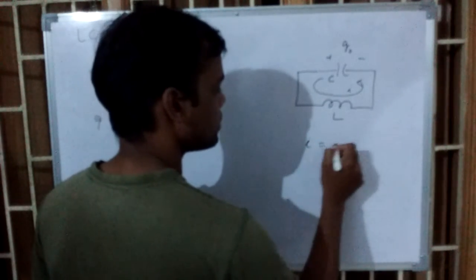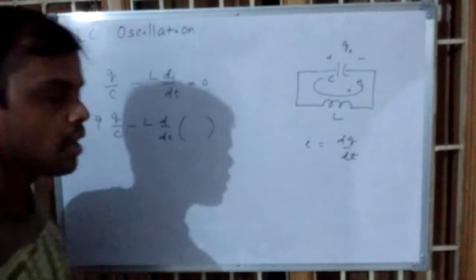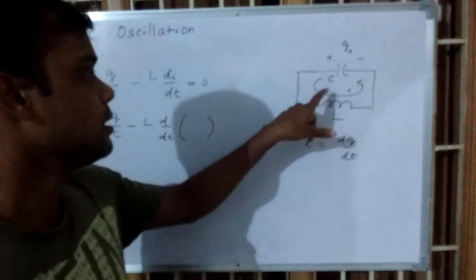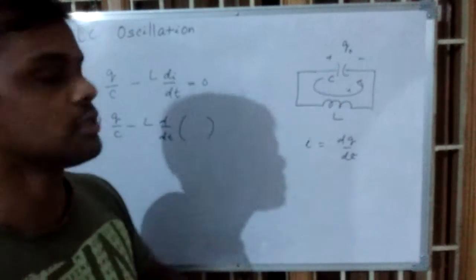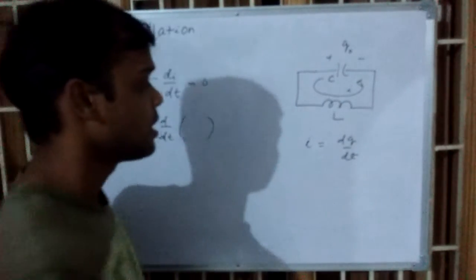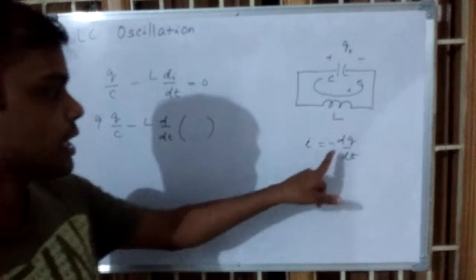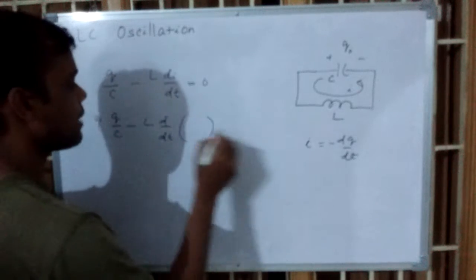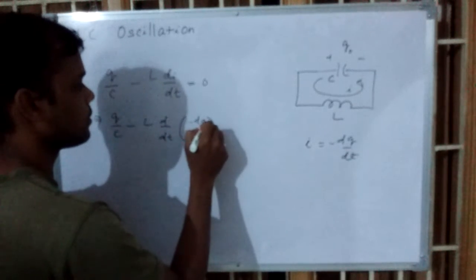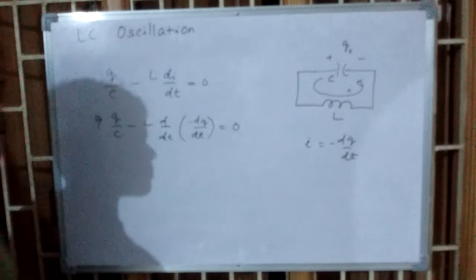Of course, I is equal to dq by dt, or not? But here, if the current flows, then the charge in the capacitor decreases continuously. That's why I will be negative of dq by dt. Negative means decrement in charge. So in place of I, I will write minus dq by dt. This is equal to 0.